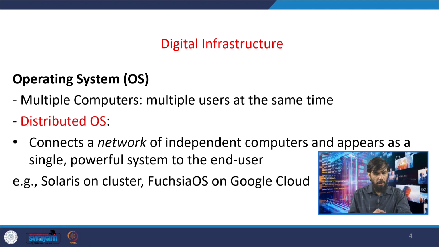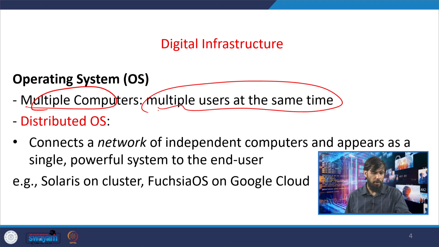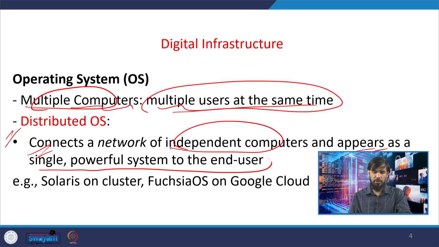Moving on, now we talk about multiple computers with multiple users at the same time. There are multiple computers involved in this setup, and the operating system should be able to support them. So the number of hardware or computing resources is more than one, and multiple users will be accessing with sufficient computing resources. The kind of operating system we are talking about is the distributed OS. It connects a network of independent computers and appears as a single powerful system to the end users.